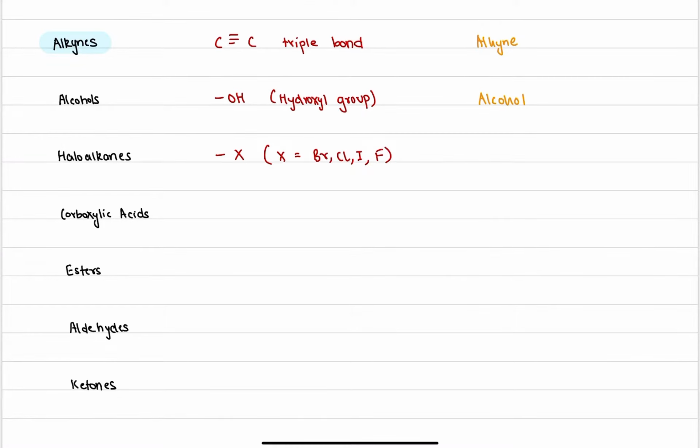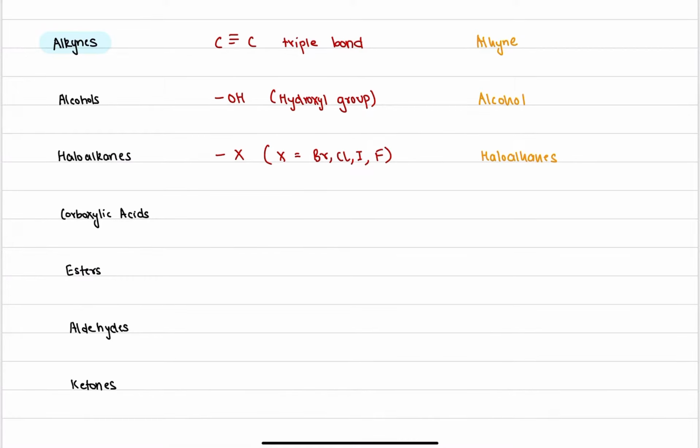So, basically, this X can be any halogen: bromine, chlorine, iodine, or fluorine. So, if in any organic molecule you see bromine, chlorine, iodine, or fluorine attached, then that belongs to the haloalkanes. This functional group is called the haloalkane. So this is what you will basically be looking for.